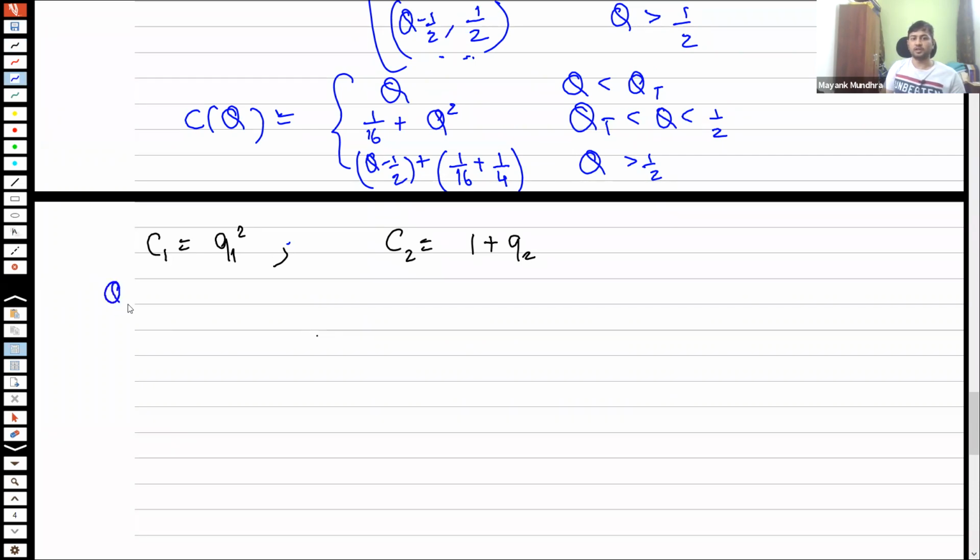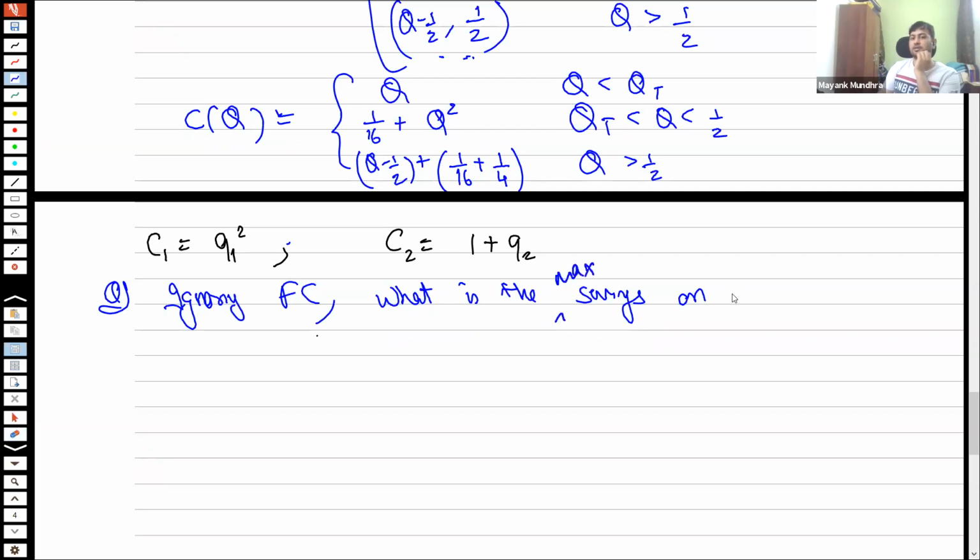So the first question is, ignoring fixed costs, what is the maximum savings on variable cost from plant 2?